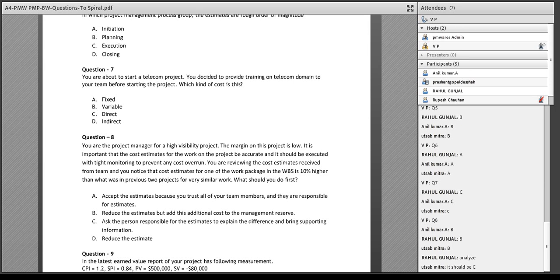Third, ask the person responsible for the estimate to explain the difference and bring supporting information. Means we are seeking more information to understand his point, and reduce the estimate. Again, action. So A, B, D are actions and C is collecting more information. That should always be the first step when you get some surprising things. So it should be C, right?